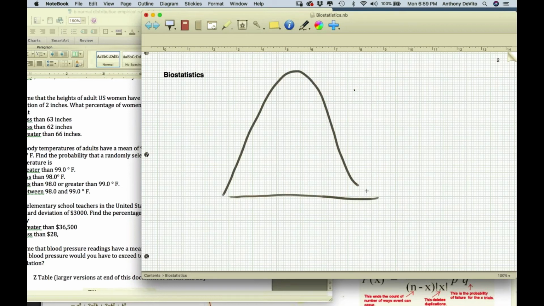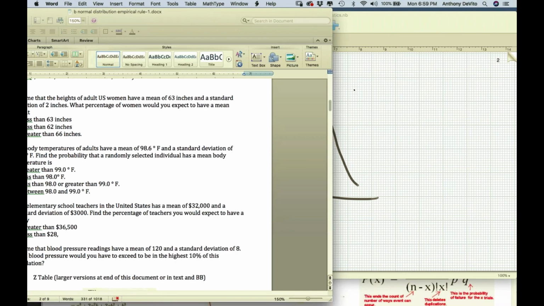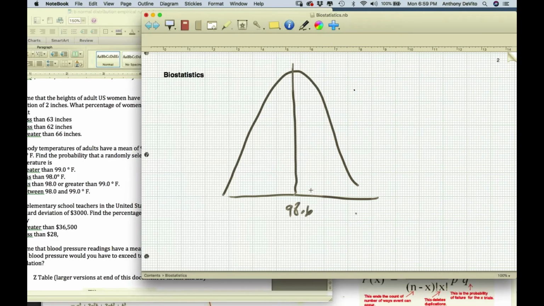Here's my normal distribution. My mean is 98.6, and I'm interested in 99 degrees, and I'm also interested in 98 degrees.